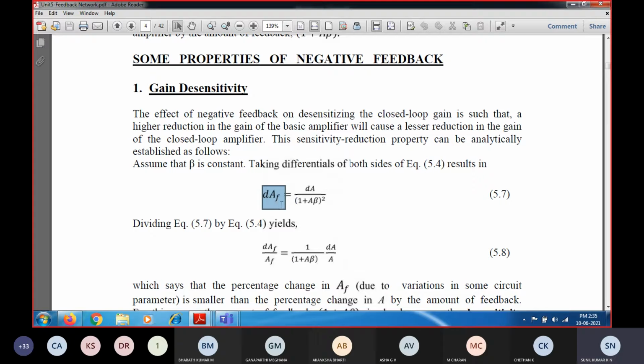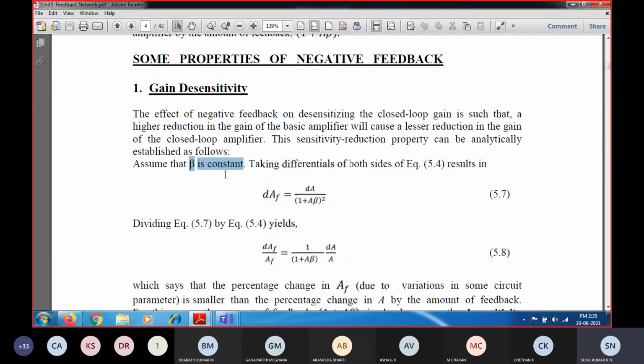For that, first take the feedback expression AF, that is A divided by 1 plus A into beta, and then take a differential on both sides with respect to the amplifier gain, because we are interested in the changes that occur in the amplifier. Beta is kept constant, so we are not worried about beta.